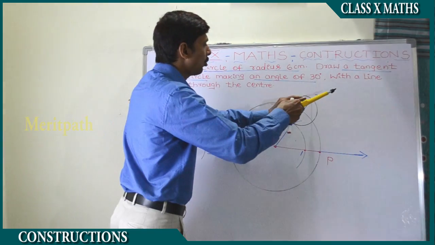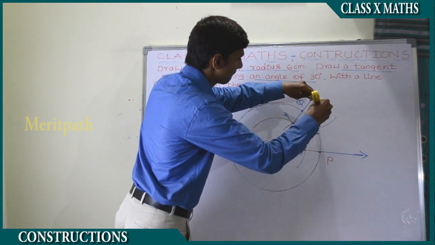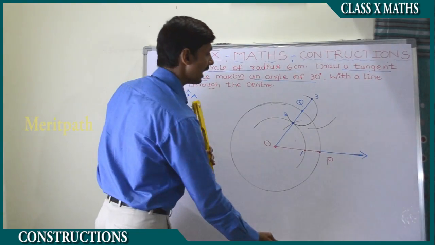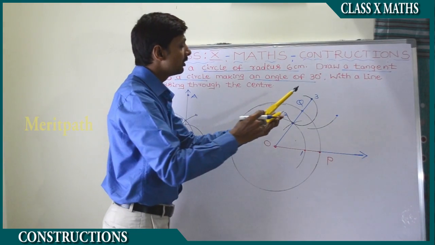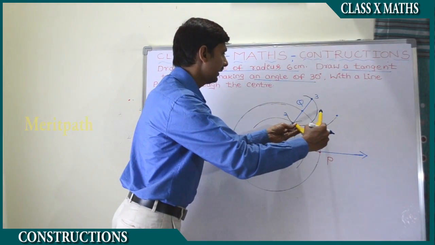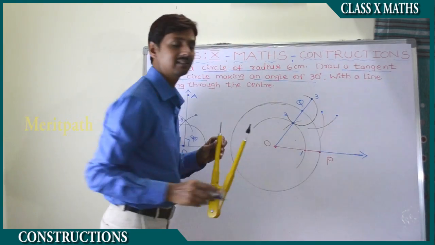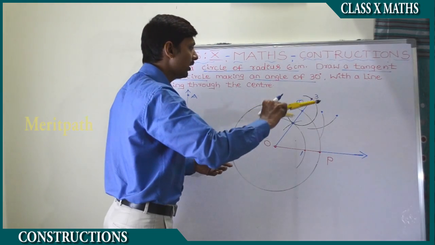Let's take the point 3 and make an arc again here. Now we made one of the arcs. Let's remember this one. And then using the point 3 now, make an arc. Now we have taken this arc. Let's remember. And we have taken point 3 and point 2.